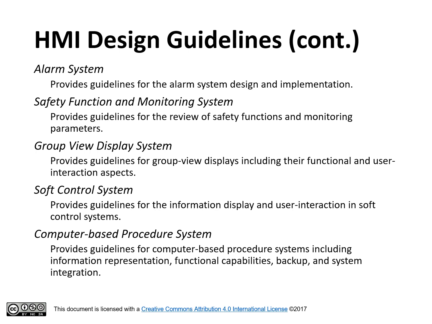Soft control system provides guidelines for the information display and user interaction in soft control systems. Computer-based procedure system provides guidelines for computer-based procedure systems, including information representation, functional capabilities, backup, and system integration.